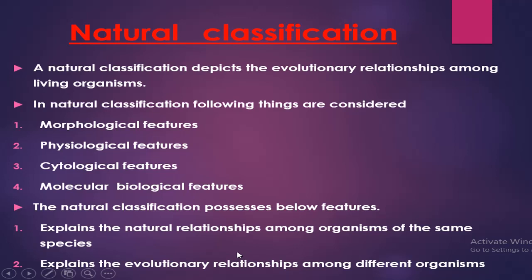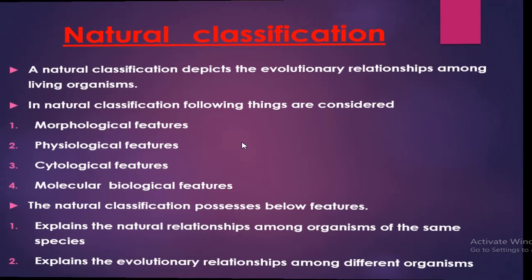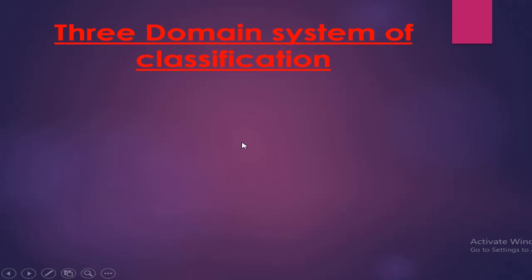Right, now we have learned what natural classification is, the features it considers, and the features it focuses on. Okay, then we will go to our next topic. Our next topic is the three domain system of classification.